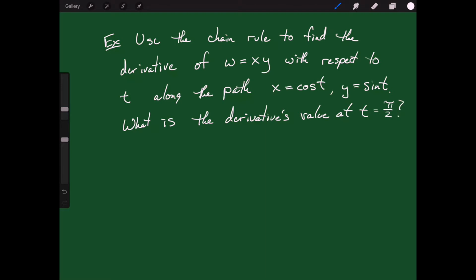Okay, so we've got this function w, and the function w has two independent variables involved, x and y. But both x and y are functions of t.